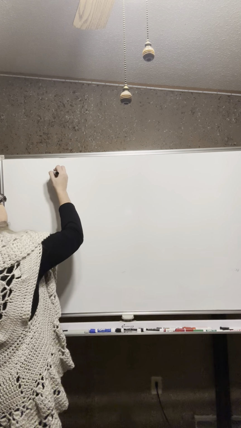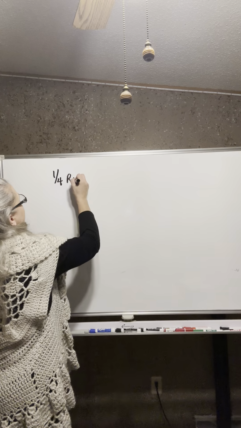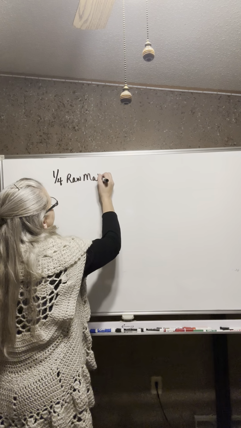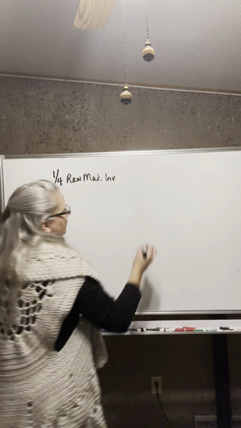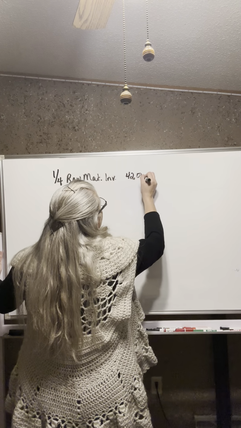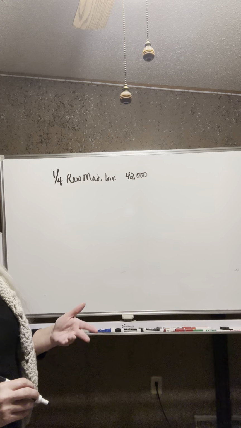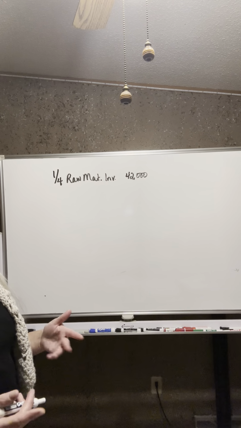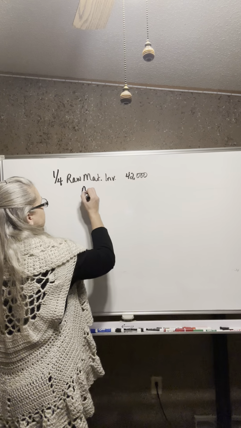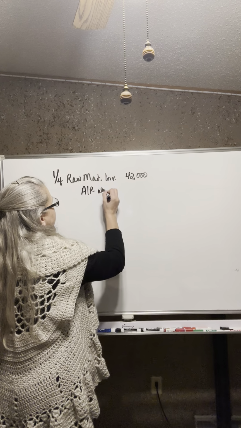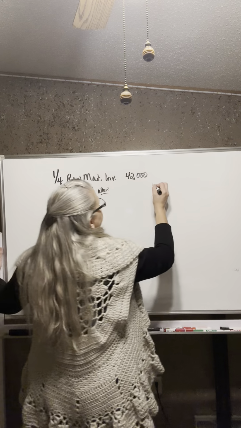So we're going to start off with, when you get this inventory in its pieces parts, therefore it's called raw materials. So this would go into your raw materials inventory when you get them in. And usually when you're buying your inventory, just like we did before, it would be accounts payable.